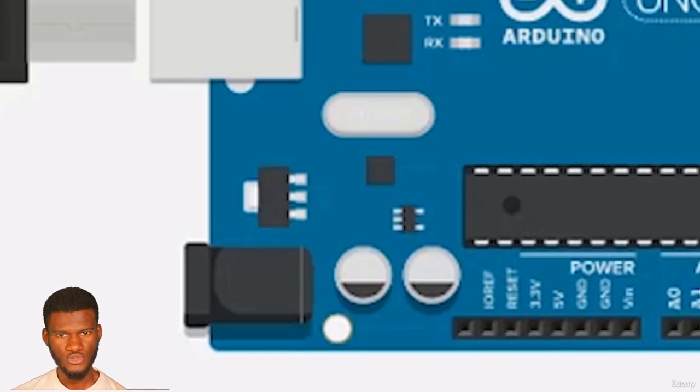For instance, if you are working with components that don't need advanced power, you can use the small power plugs for them, which are 3.3 volts. Next is the reset and IOREF. IOREF is a reference, and the reset is just to reset your Arduino.